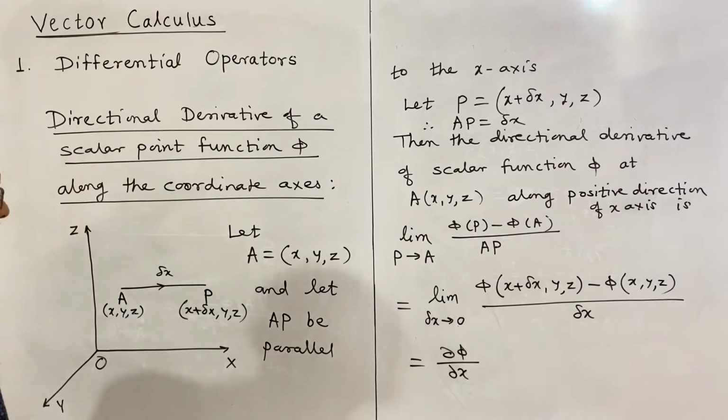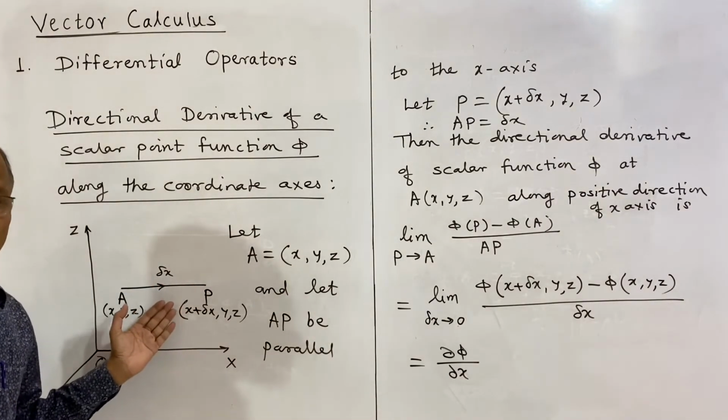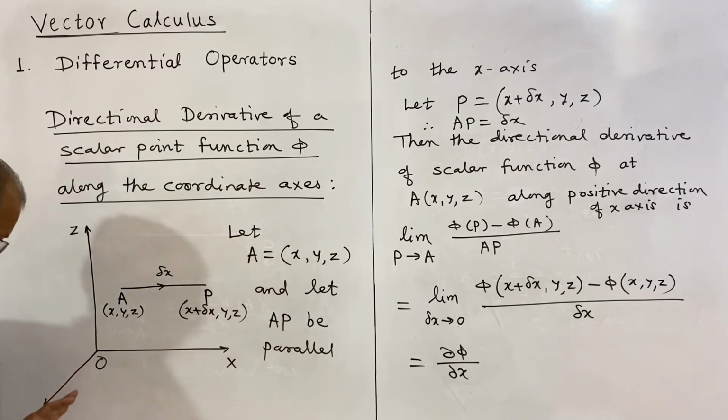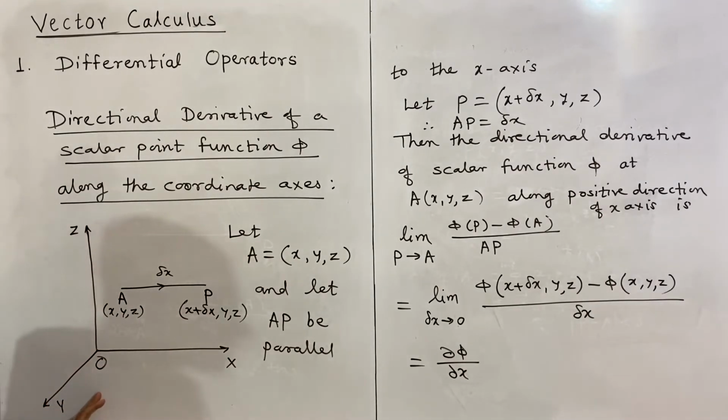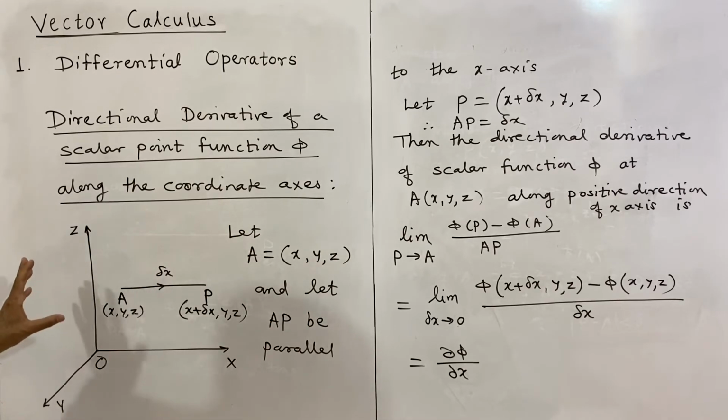Similarly, we can get the result that the directional derivative of phi along the positive y axis will be dou phi by dou y, and the directional derivative of phi along the positive direction of the z axis will be dou phi by dou z.